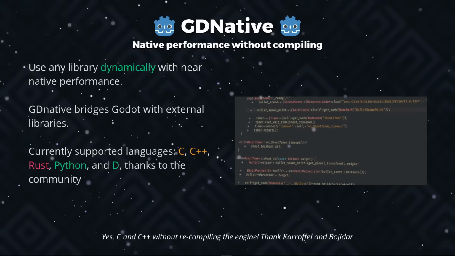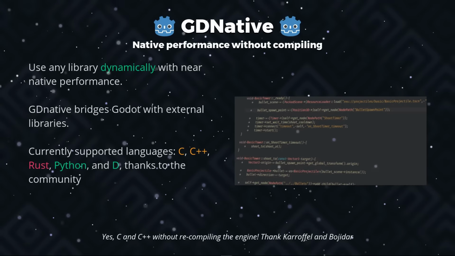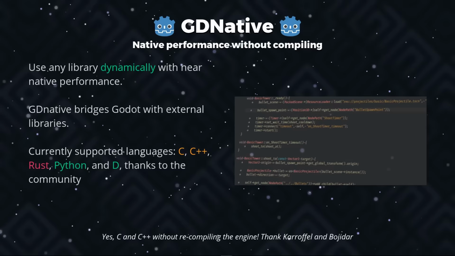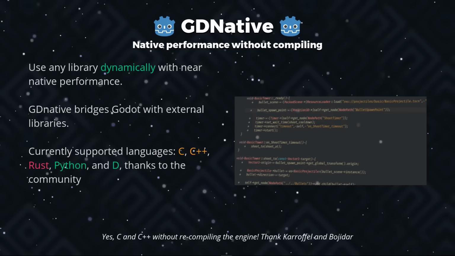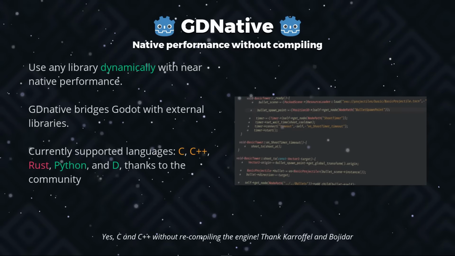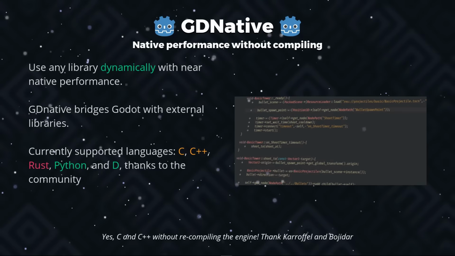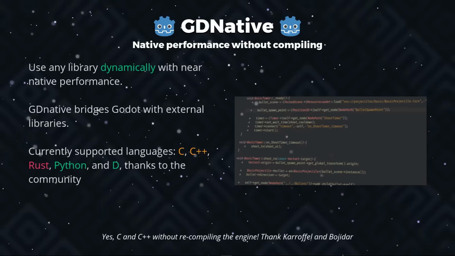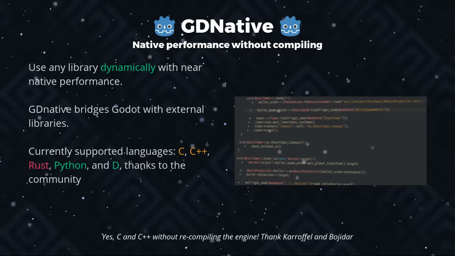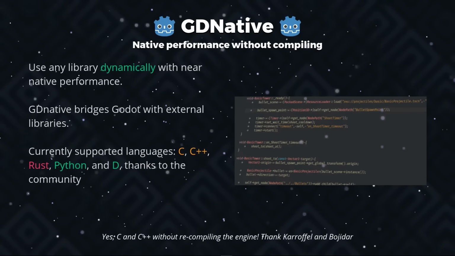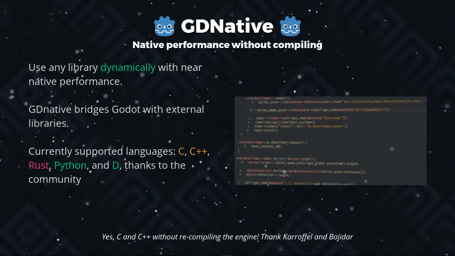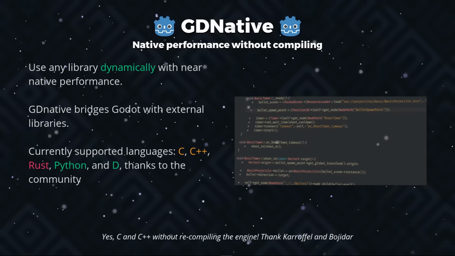It allows you to get near native performance, so you can code in C or C++, compile your algorithm or something like that, and right in the editor you can connect it and access the entire engine API. There are languages that are supported officially. I think that's the case for C and C++, at least C, that's for sure.